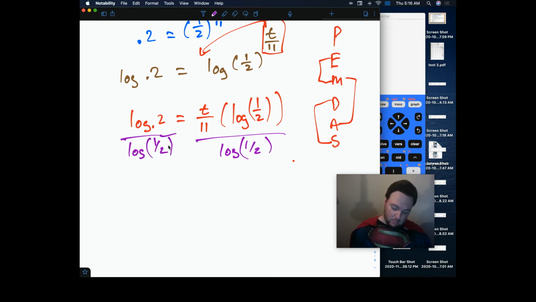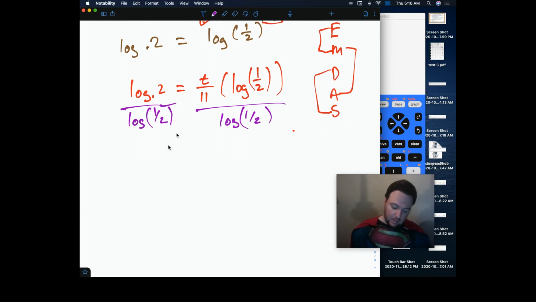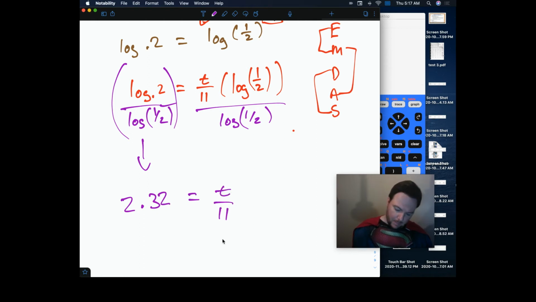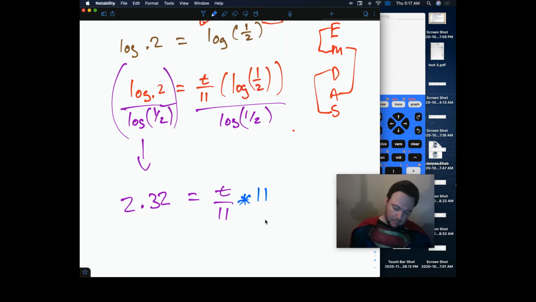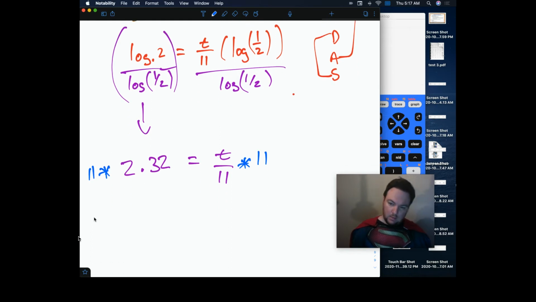I guess I'm just going to do it this way because my calculator is not being a friend. So we get something like this, and all of this is going to equal, let's see here, what do they get equal to? 2.32 equals t to the 11th. We multiply by 11, and we get 25.5 is t.